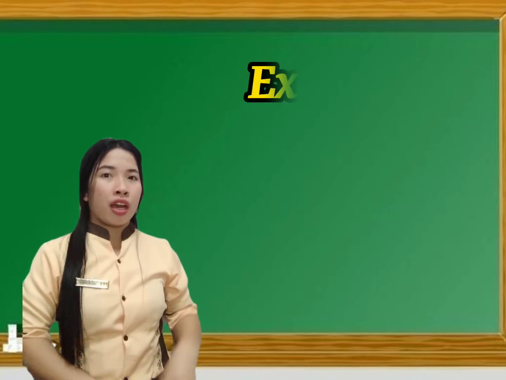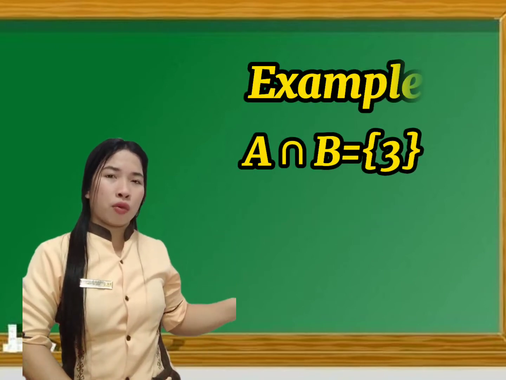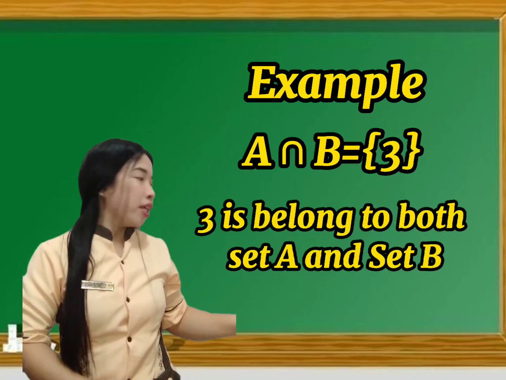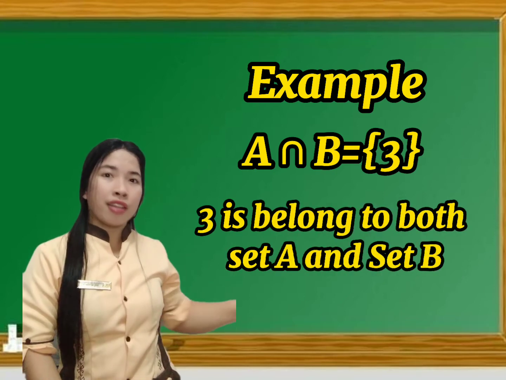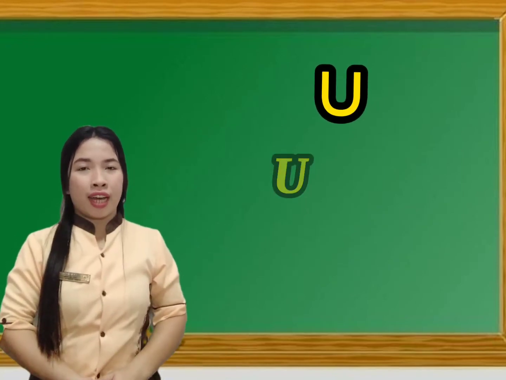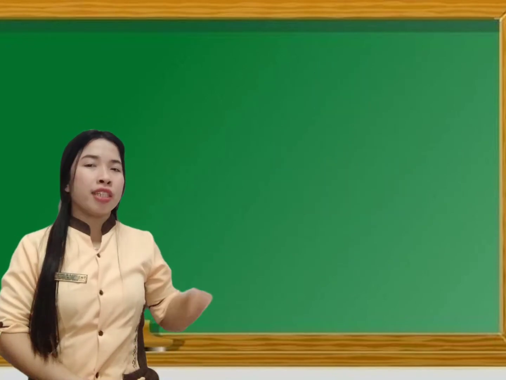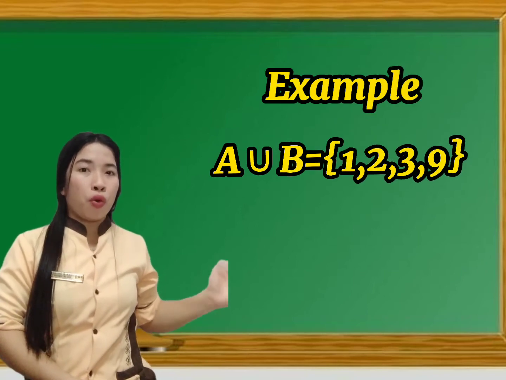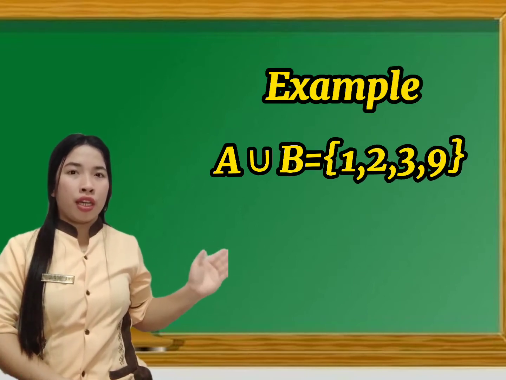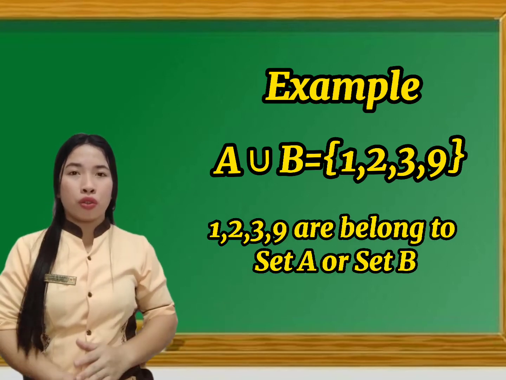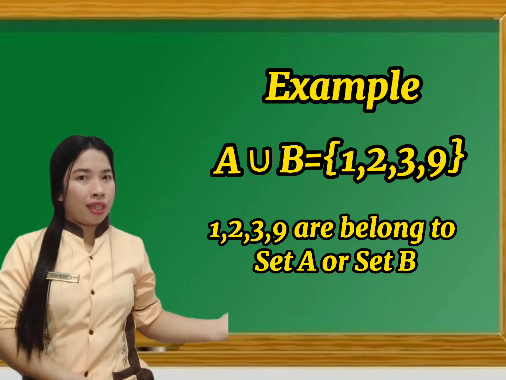For example, A intersect B is equal to 3. So 3 belongs to both set A and set B. This symbol, we call that a union. For example, A union B is equal to 1, 2, 3, and 9. 1, 2, 3, and 9 belong to set A or set B.